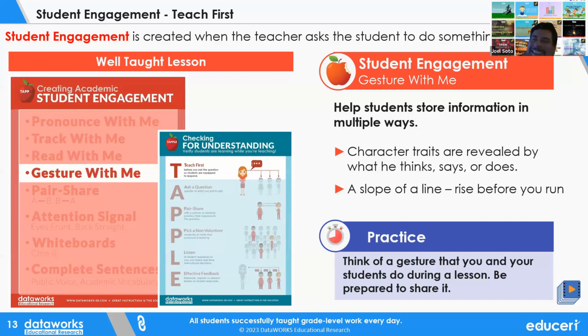Oh my gosh, a prefix. I better do it again. Ready? A prefix is a letter or letters at the beginning of a word that changes its meaning. All right. Now, you know what a suffix is. Let me see you on your own come up with a gesture for the suffix.